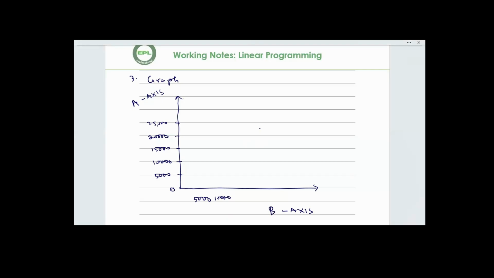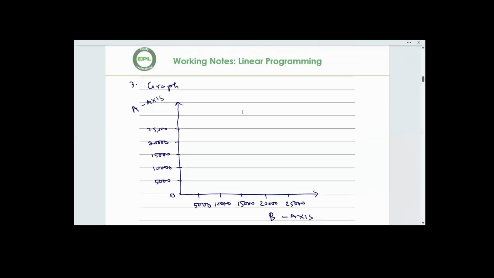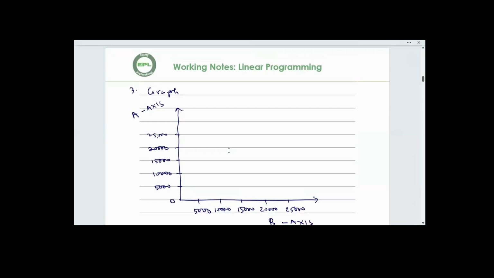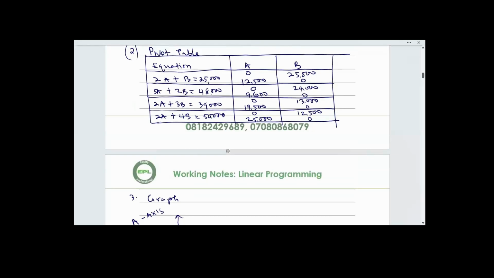Okay then. So, this is 15,000, 20,000, 25,000. So that's that. I've scaled my graph. So all I need to do now is to plot A against B. I'll just go for the first equation.